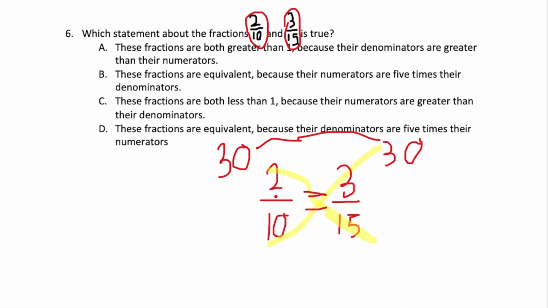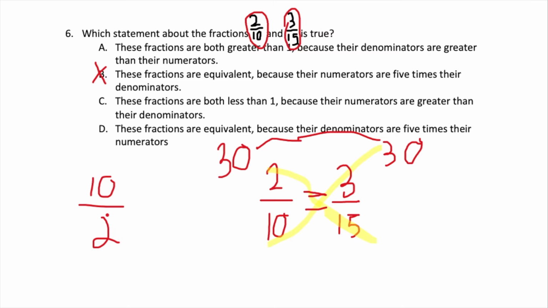All right, so let's look at B. These fractions are equivalent because their numerators are 5 times their denominators. Well, looking at it right now, we know that 2 is not 5 times larger than 10. So B cannot be right. Then it says C. These fractions are both less than 1 because their numerators are greater than their denominators.